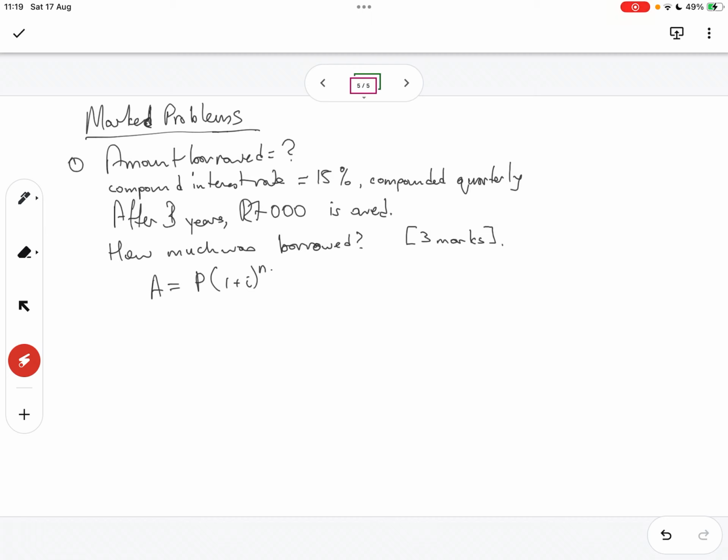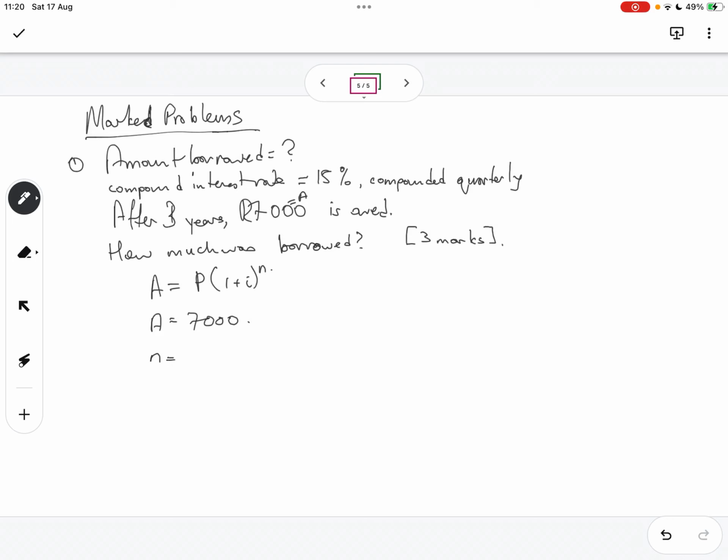We're looking for P. That's good. I like that you identified that. So now what does the 7,000 tell us in terms of the formula? The 7,000 is the final amount. Oh, okay. So this is A. That's good. And then we know that we have a 3-year period.